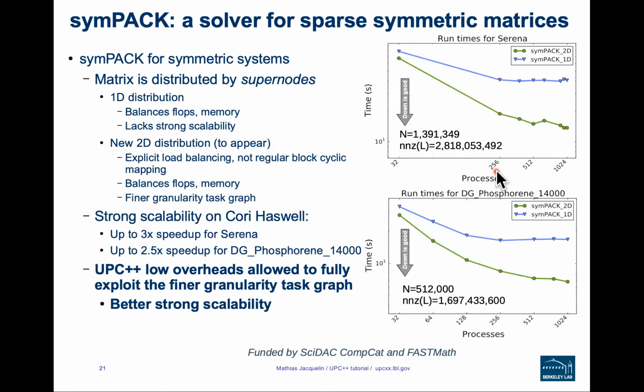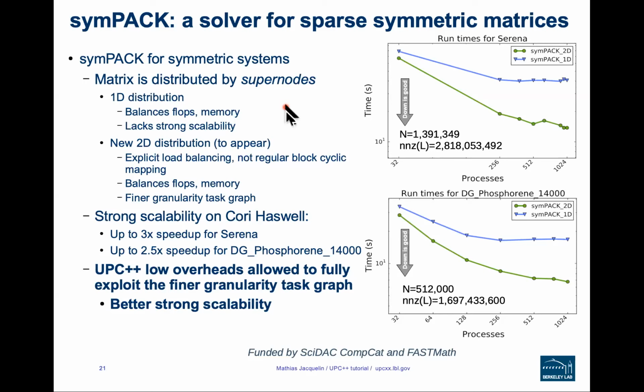Now I'm going to give some more details on the data distribution, because originally SIMPACK was using a 1D data distribution, which is very nice because it balances the number of flops and the number of non-zeros, which correspond to the memory usage. That's easy to do with sparse matrices with a 1D distribution. However, it lacked strong scalability.